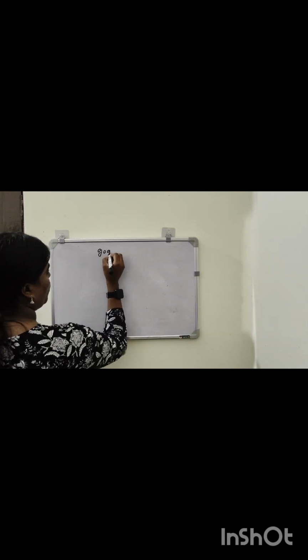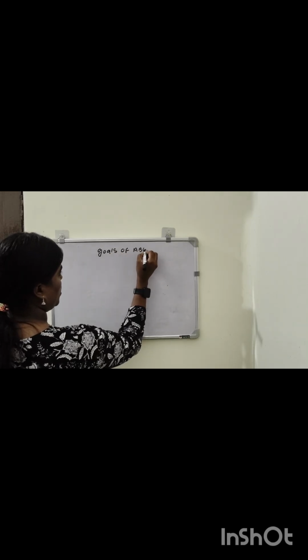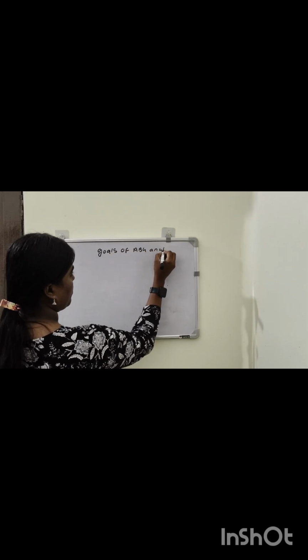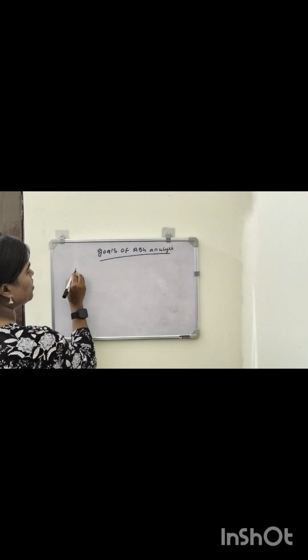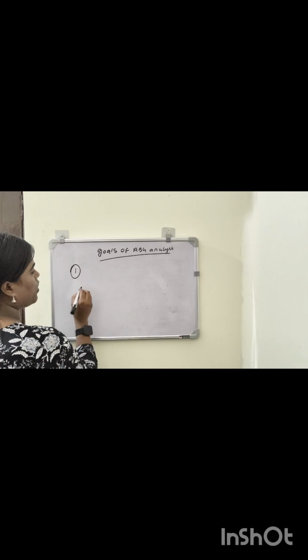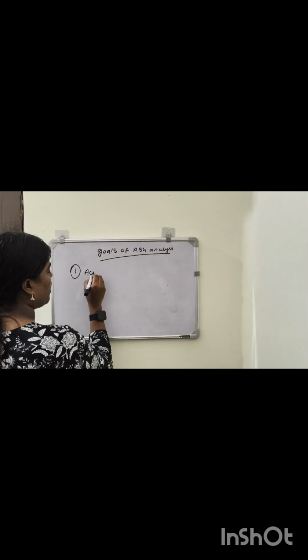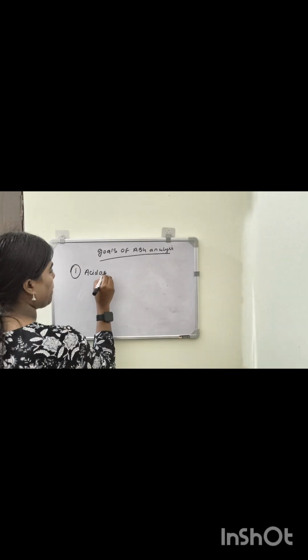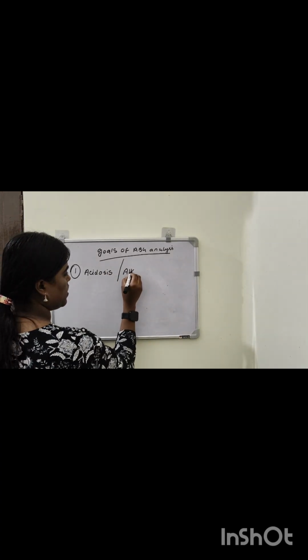Now, let us see what are the goals of ABG analysis. Goals of ABG analysis. The first goal is to find out whether the condition is acidosis or alkalosis.